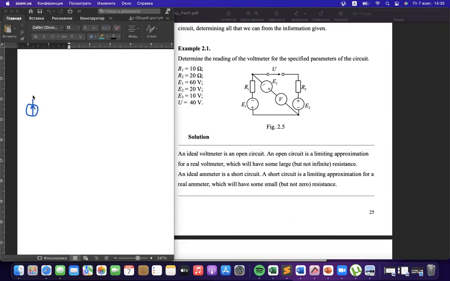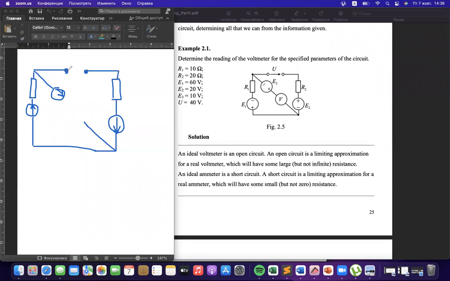We have electromotive force as generator, resistivity, then other source of energy, E3, other source of energy, E2, R2, applied voltage, some applied voltage from the external source.